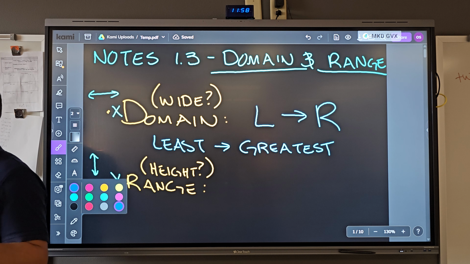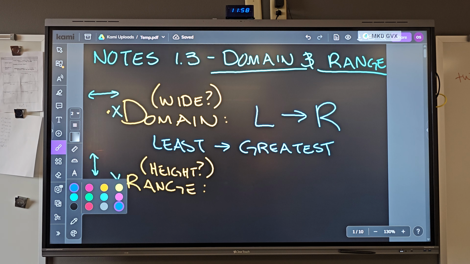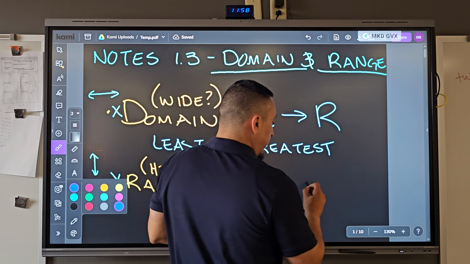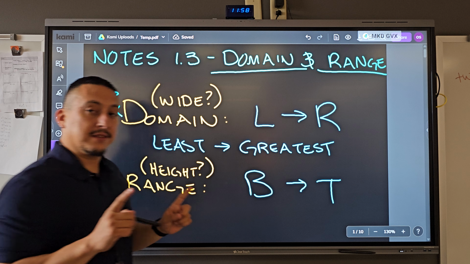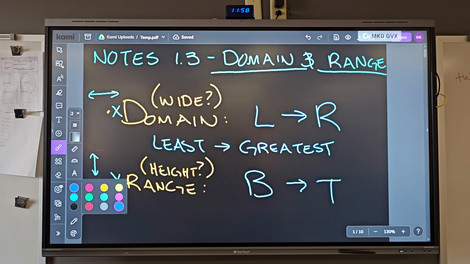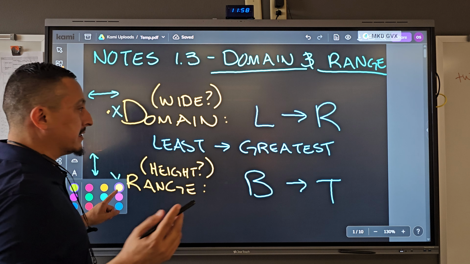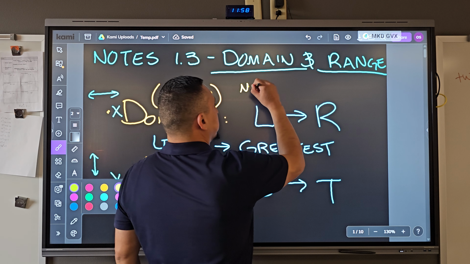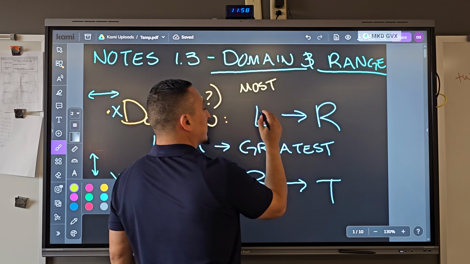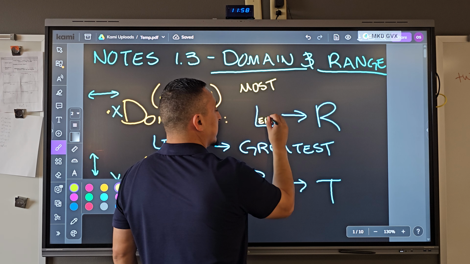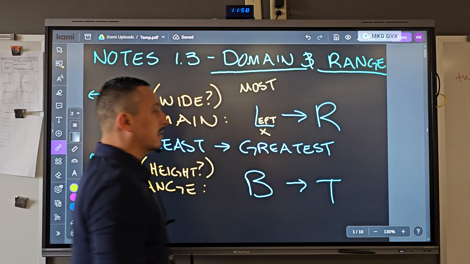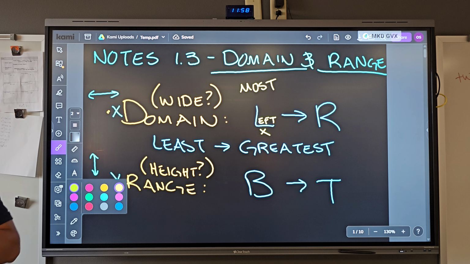Now, on the height, on the Y, which one is the least, the bottom or the top? The bottom, because those are negative numbers. So we always measure from the bottom to the top. And this is big. Always from left to right, bottom to top. And I'm going to say this like 100 times today: the most left X, that's the number that goes there.